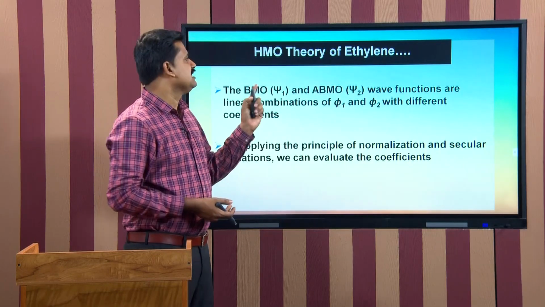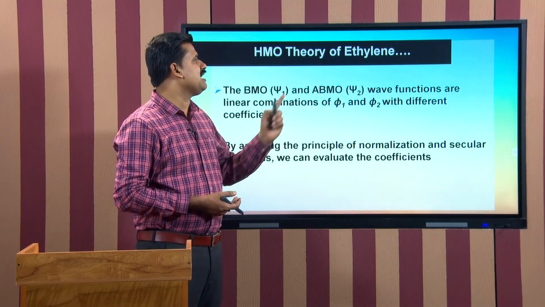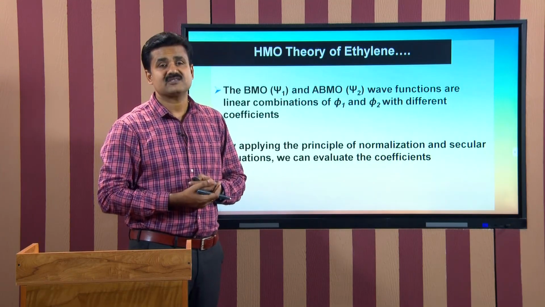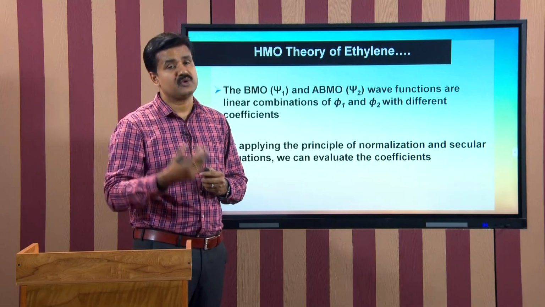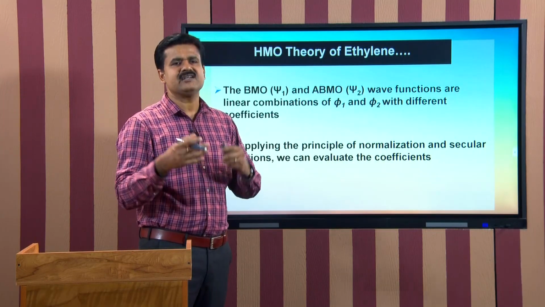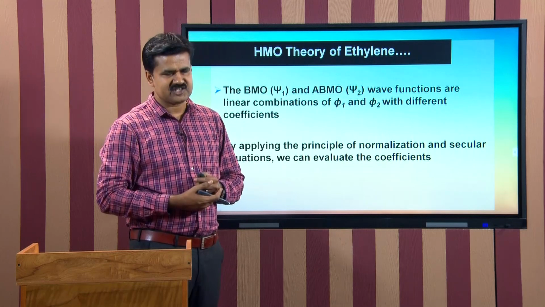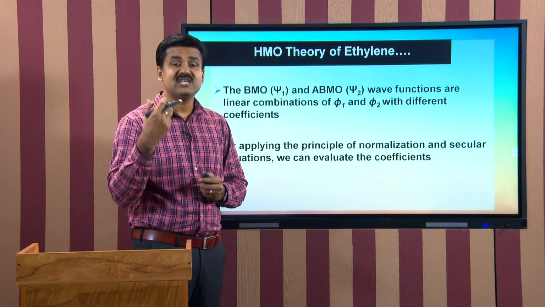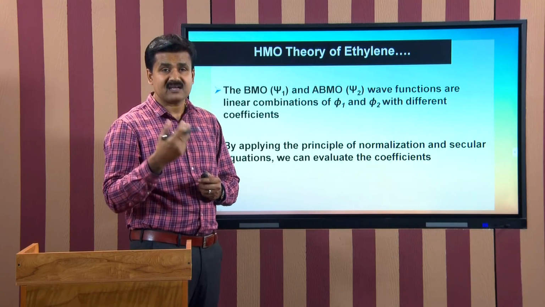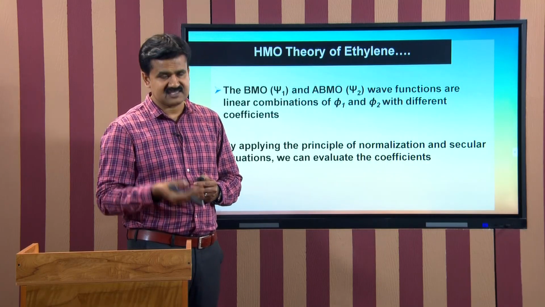Now, the bonding molecular orbital psi 1 and the antibonding molecular orbital psi 2 are wave functions that are linear combinations of phi 1 and phi 2 with different coefficients. By applying the principle of normalization and secular equations, it is possible to evaluate the values of the coefficients that appear in the wave functions psi 1 and psi 2.